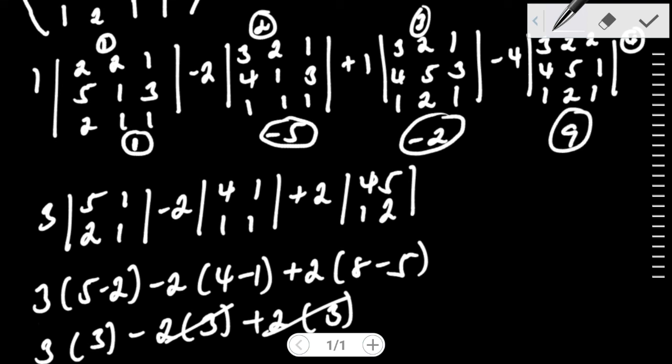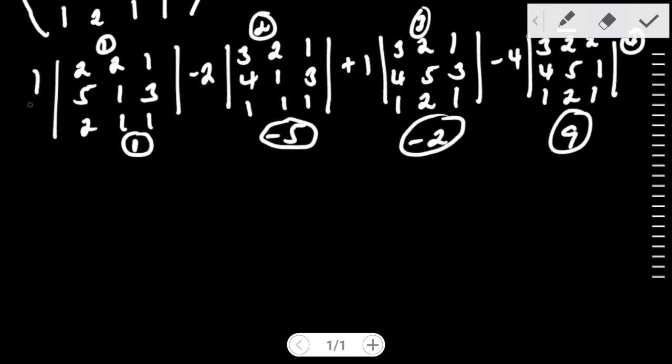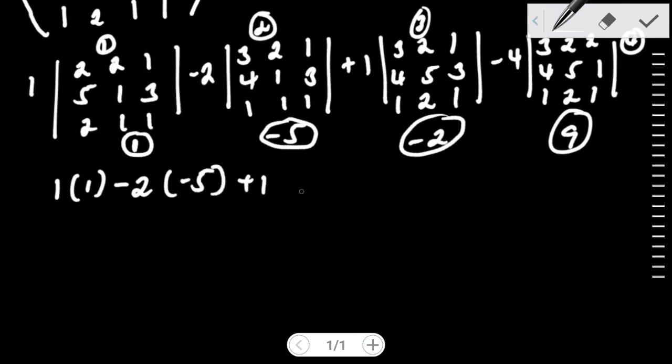Now let's do the final step. For the final step, we get the coefficients and afterwards multiply them with the determinants. So 1 and its matrix had a determinant of 1. Now take the sign in front: I'm having 2 into negative 5, plus 1 into negative 2, minus 4 into 9.